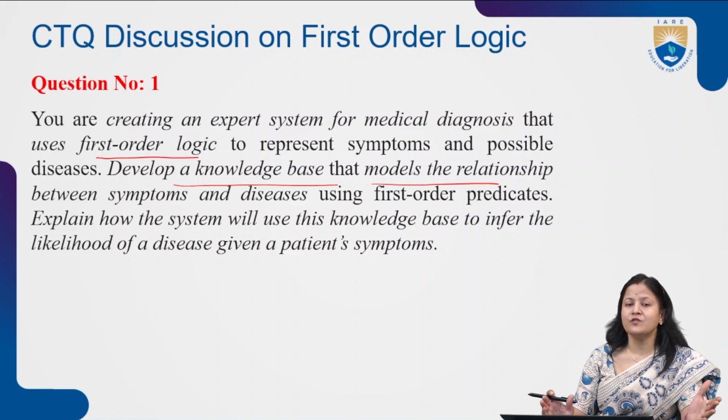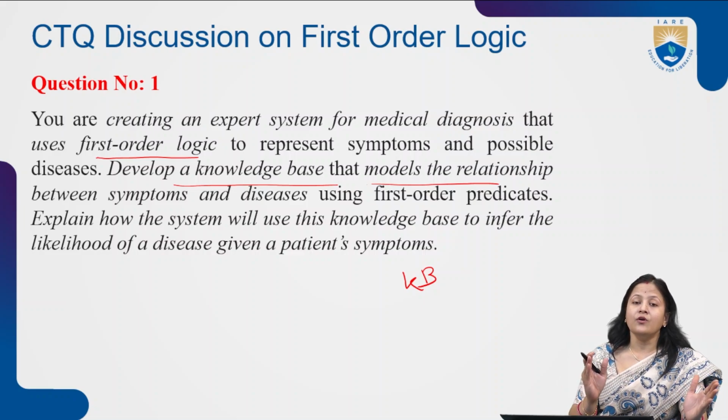That means, first of all, we'll create one expert system. Already I have discussed the meaning of an expert system, which consists of three important components. One is the knowledge base, which stores all the knowledge related to a particular domain, and the knowledge should be acquired from the domain expert.